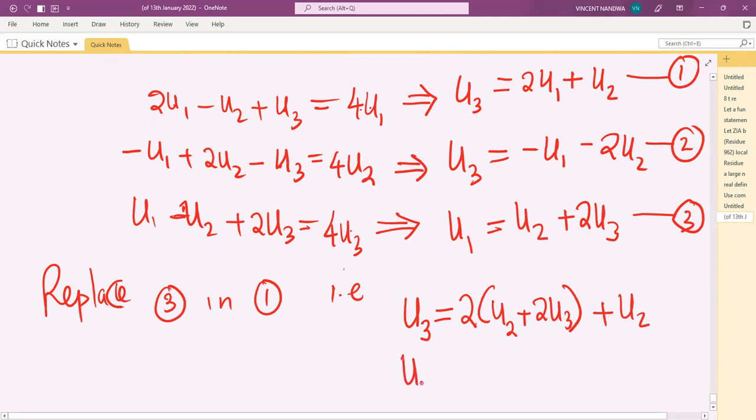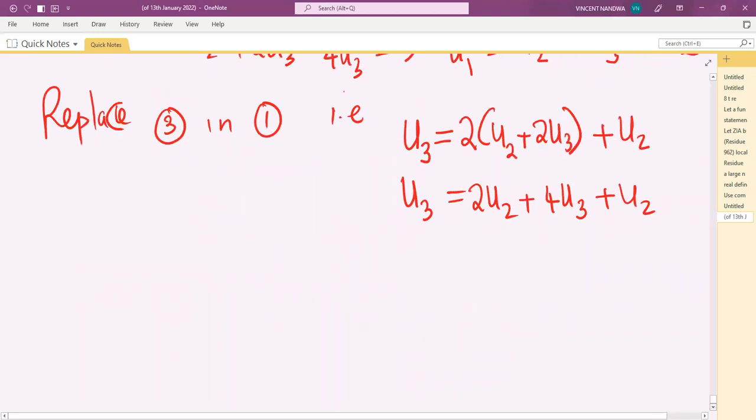This will give me U3 equals 2U2 plus 4U3 plus U2. So that will give me, taking this to the left, negative 3U3 equals 2 plus 1, which is 3U2. So which means U2 is the same as negative U3.